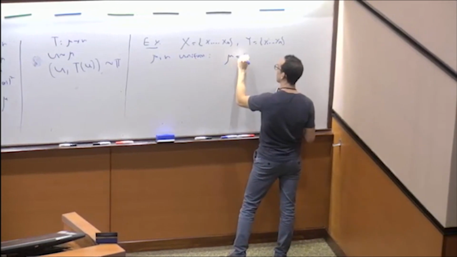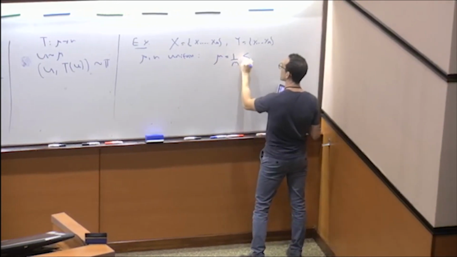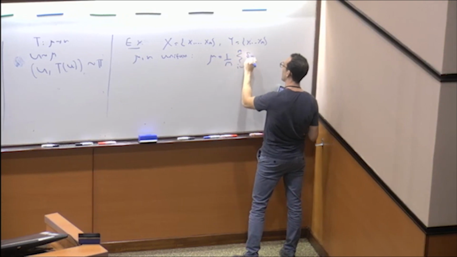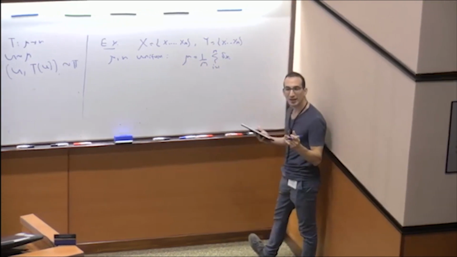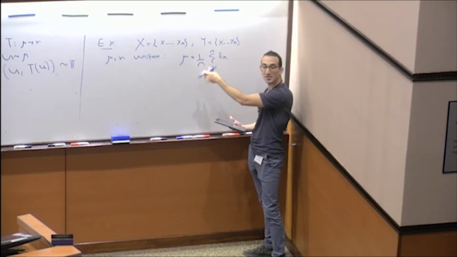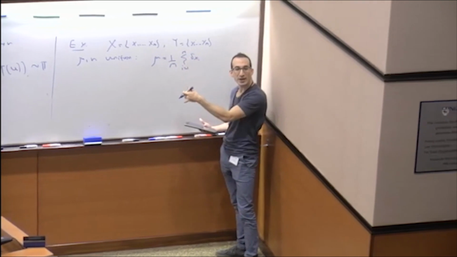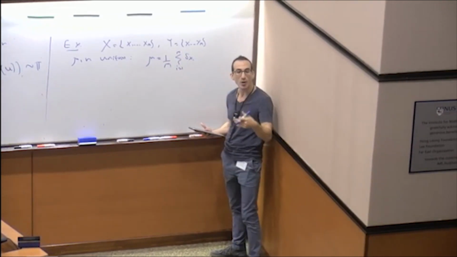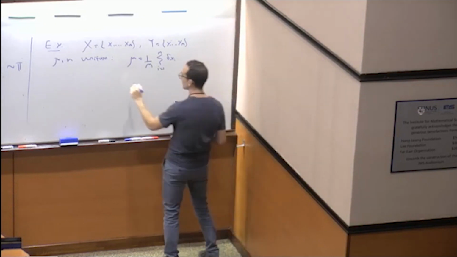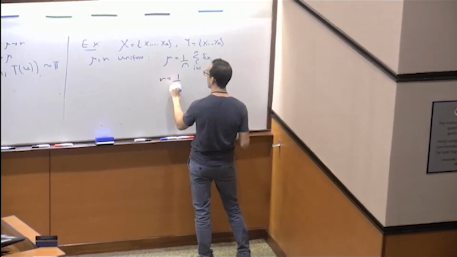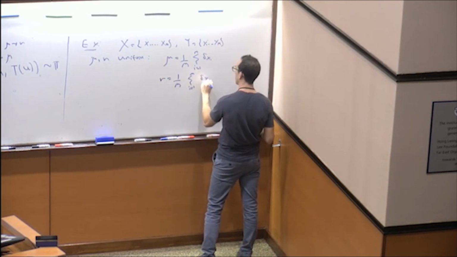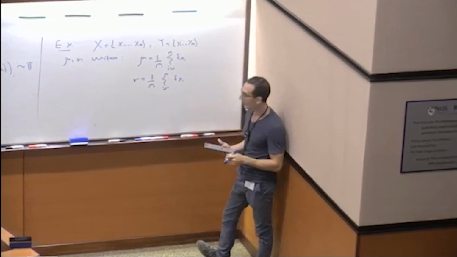We mean that mu we can just write as a sum from 1 to m, where we divide by m, of the deltas on each of the xi. So delta xi means with probability 1 you will sample from xi, but then we're summing up over m of them and dividing by m. That means that with probability 1 over m, you will sample from each of the points. And similarly for nu, but we're going to put them on yi.